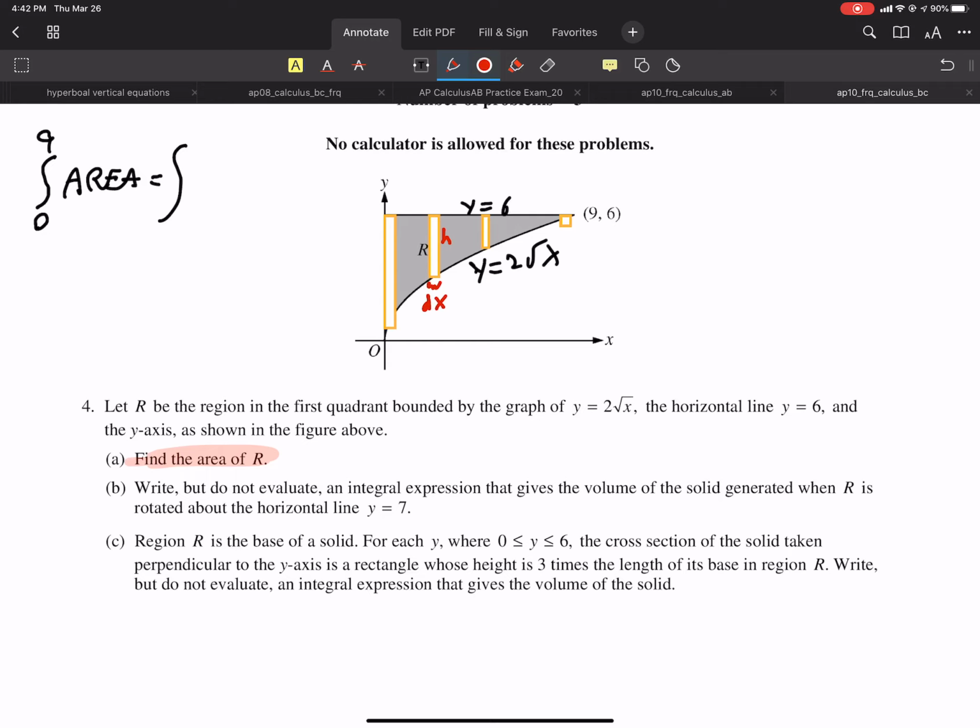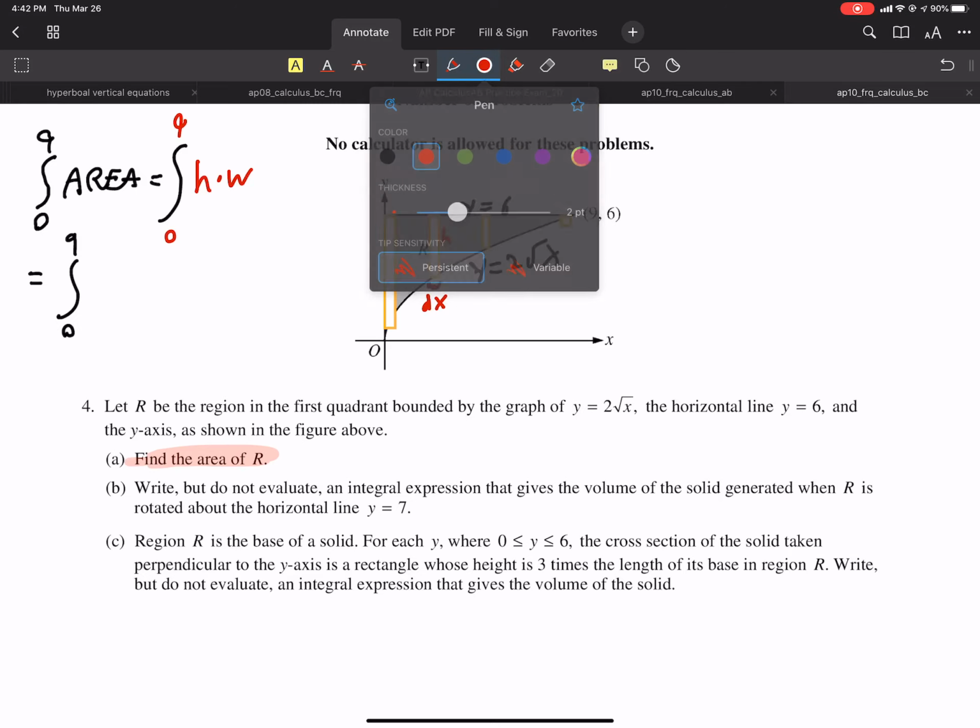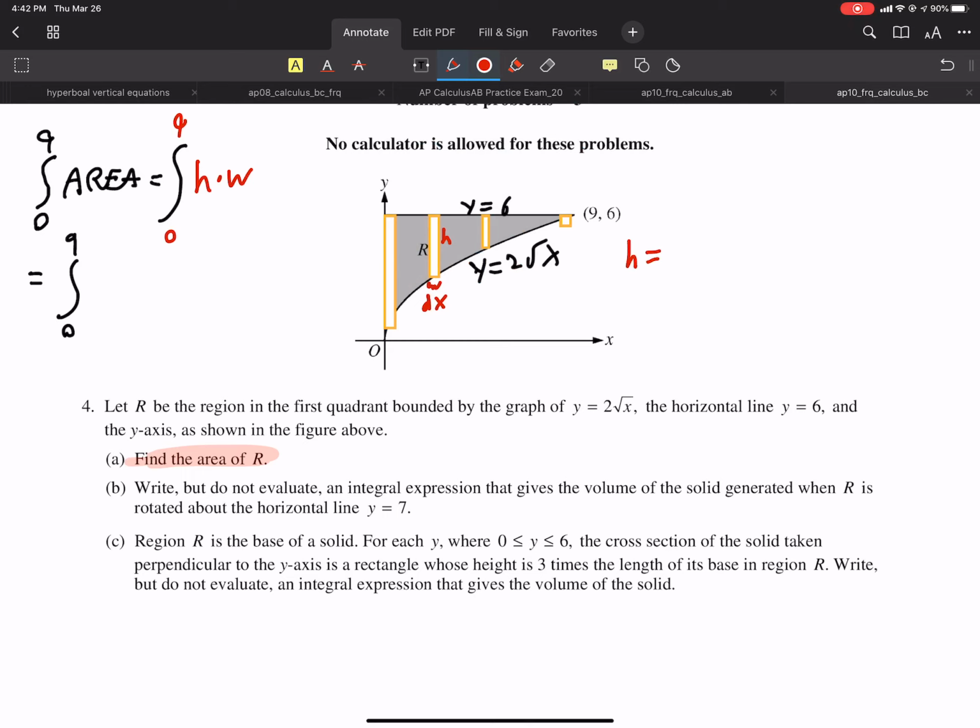So the area is height times width. But what is h? H is big Y minus small y, and y is bigger up top.